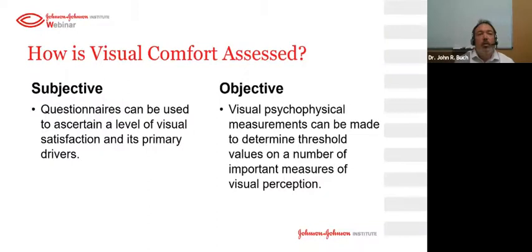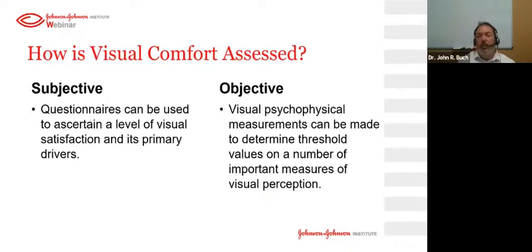Okay, so how is visual comfort assessed? Similar to physical comfort, the visual comfort experienced by a patient can be assessed subjectively with a questionnaire. But importantly, how we react to visual stimuli takes us into the field of visual psychophysics.